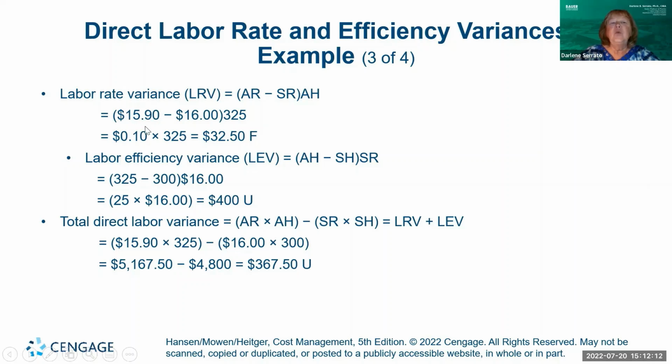Their skill level was just a little bit less than what it should have been. However, because they were less skilled, they ended up using more hours. So was it a good decision to hire a less skilled worker than was specified? And the answer is no, because the total variance was unfavorable.